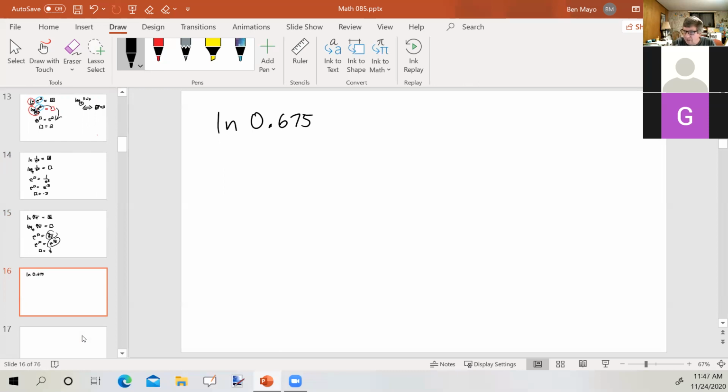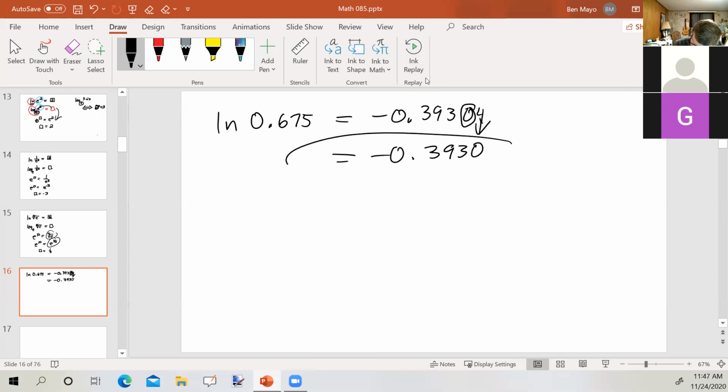We don't want e to the x, we want ln. 0.675, close it up, and I'm getting negative 0.39304. It says round to 4 places, so the 4 would round down, so I'd get negative 0.3930 as the final answer. Okay with that?